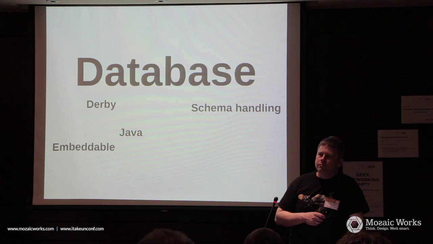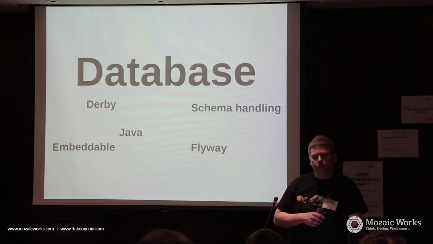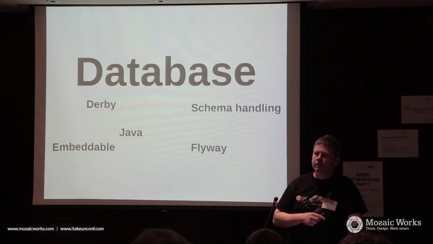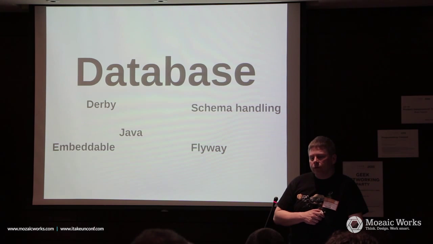Databases have schemas, that is the tables in them, and things like that, indexes. They need to evolve, so I'm going to use something called Flyway to do that. Anyone heard about Flyway? Yeah, a few guys. Liquibase, anyone? A few? Okay. So Liquibase and Flyway all solve the same problem, and you can always build your own, it's very easy. What they do is they look at the database on application start and check which version it is.